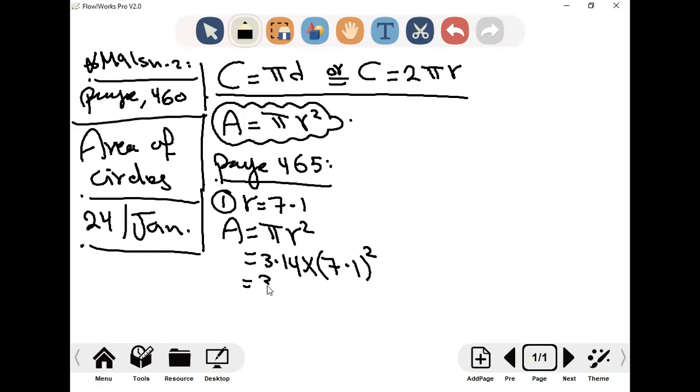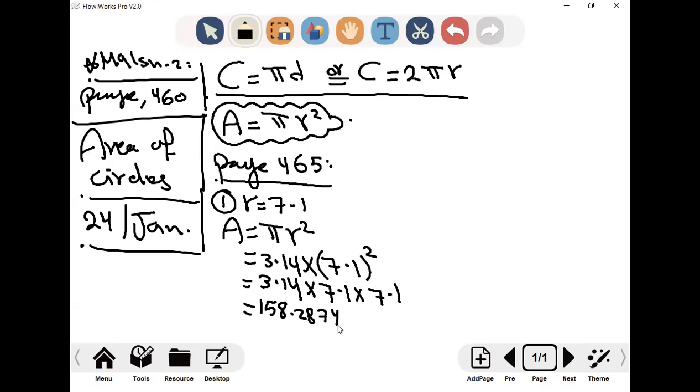Any number to the power of 2 means multiplying it by itself 2 times. Multiply all these 3 numbers: 3.14 multiplied by 7.1 multiplied by 7.1, it will be 158.2874. This is the full answer.